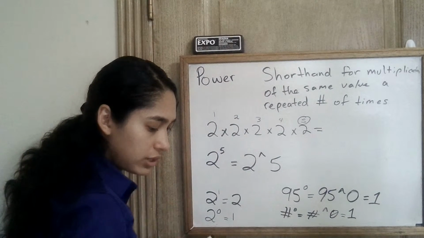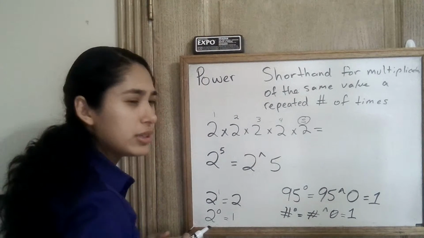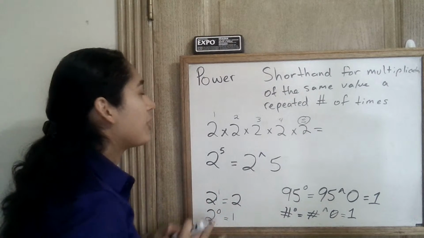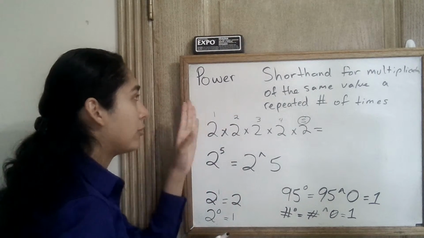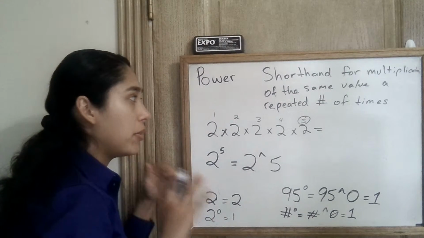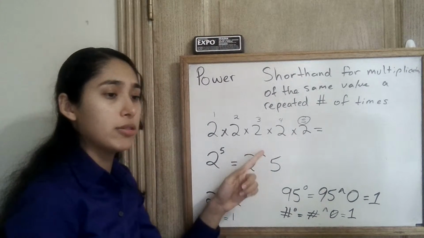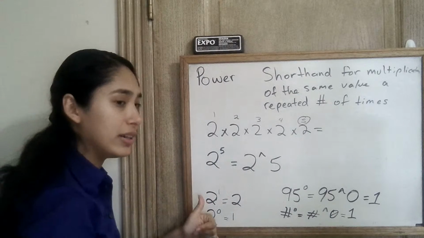Now, what if it's a negative 2? Ooh, that gets really interesting. So powers are just a shorthand of multiplying that value a repeated number of times. When we have a power that's positive, it's very easy, very convenient.